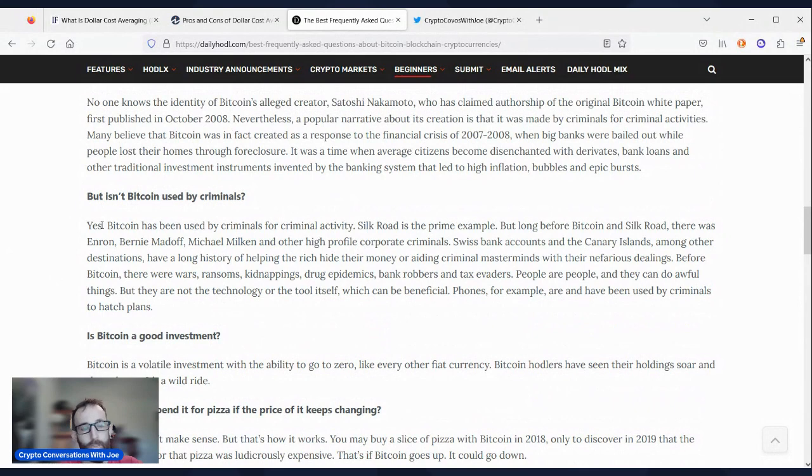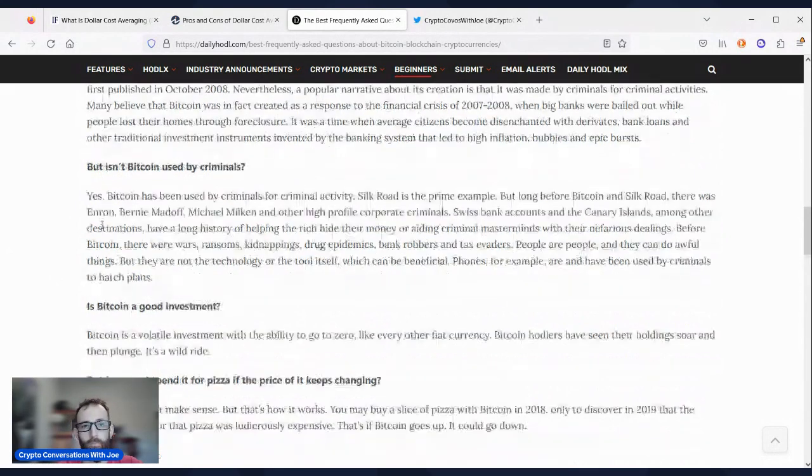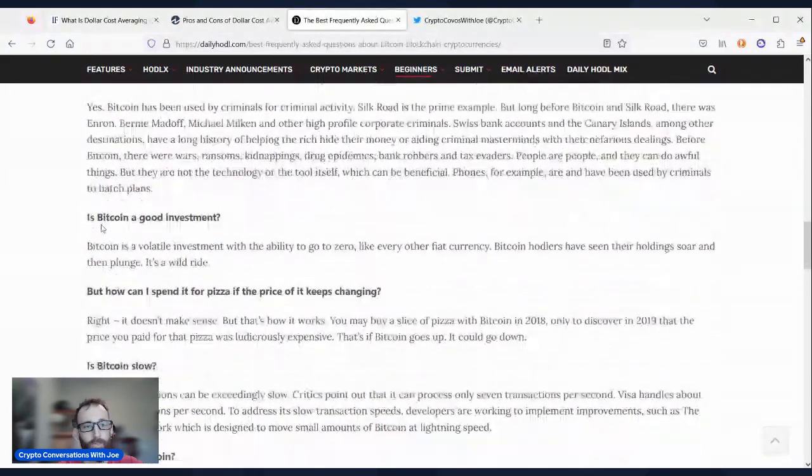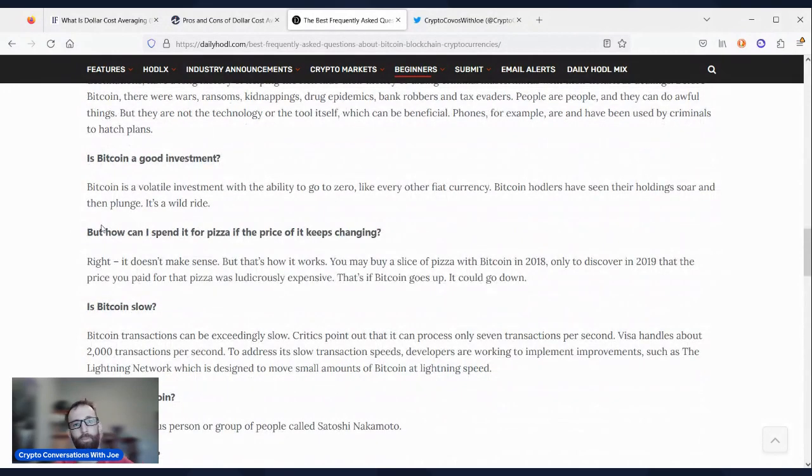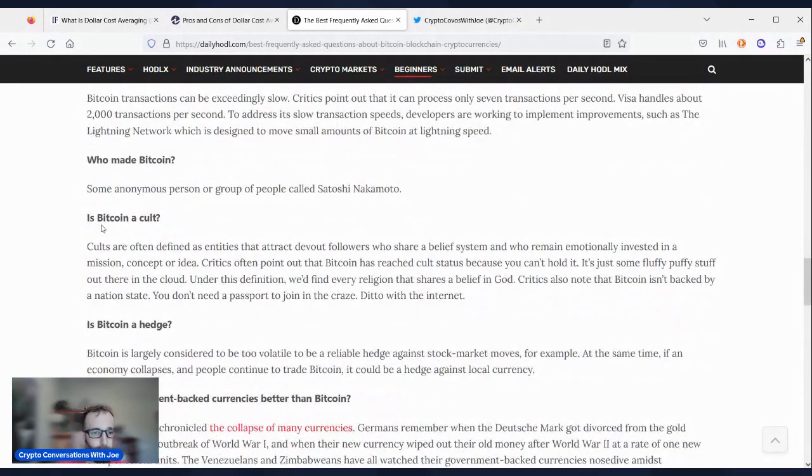I mean, yeah, it's used by criminals, but so is cash. No one's losing their mind that someone kidnapped someone and demanded a ransom in cash, right? It's the same thing with Bitcoin. Bad people are going to do bad things regardless of if it's legal or not.